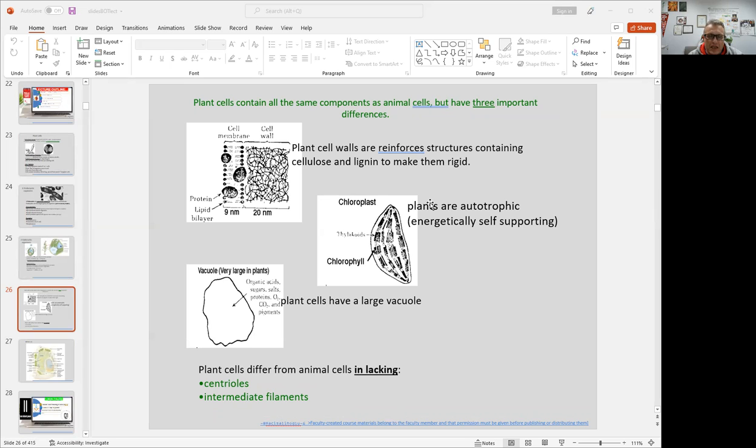Chloroplast is the next one, which is very important because plants are autotrophic, which means they can make their own energy, and that's because chloroplast has chlorophyll. And then the third organelle, the vacuole, which can take the largest part of the cell, like 75 to 80 percent, very large vacuoles that plants have. What plants are really missing is centrioles, intermediate filaments, some organelles that they are missing.